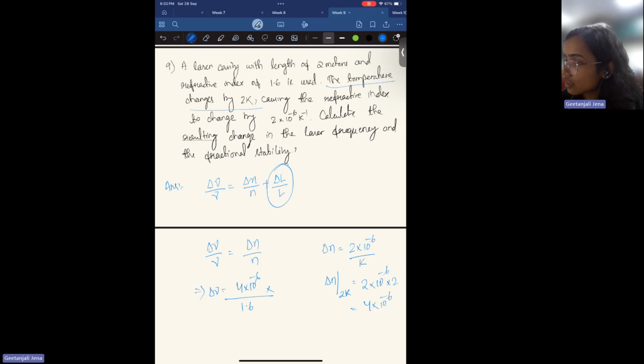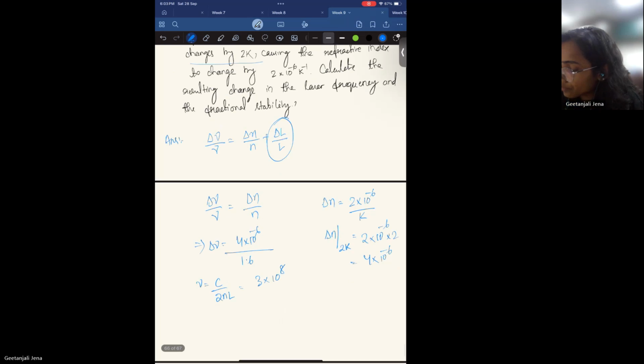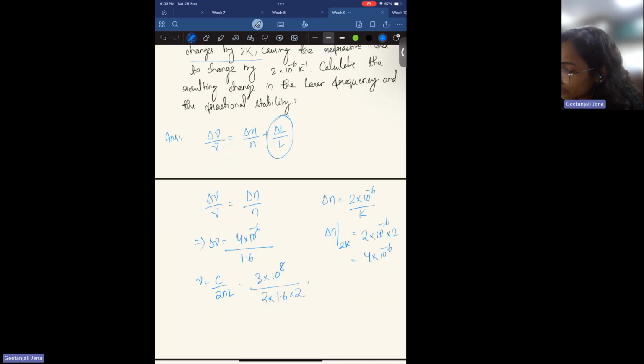So nu you can calculate using the given parameters. So nu is not directly given. So nu you can calculate by C by 2nL. So C is given 3 into 10 to the power 8 divided by 2, refractive index is 1.6, L is given 2 meter. So it will come around 4.6875 into 10 to the power 7 Hz.